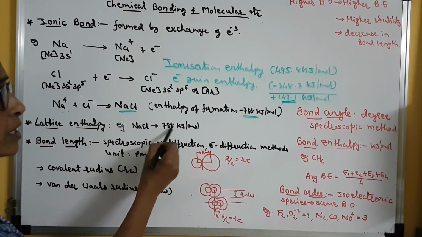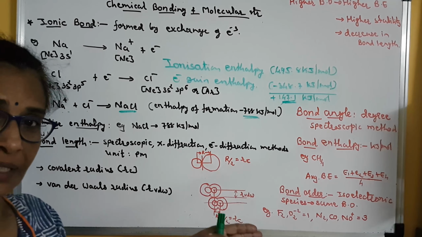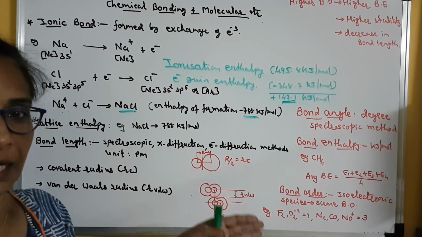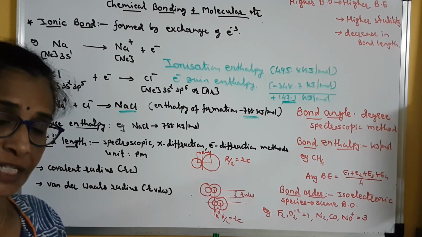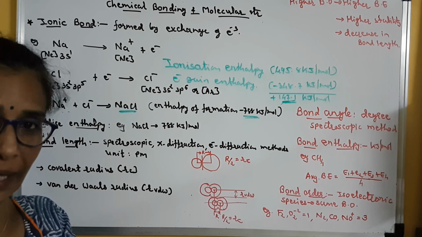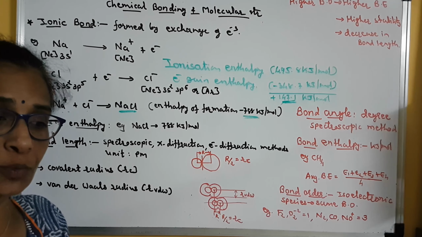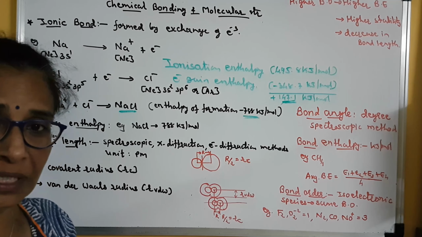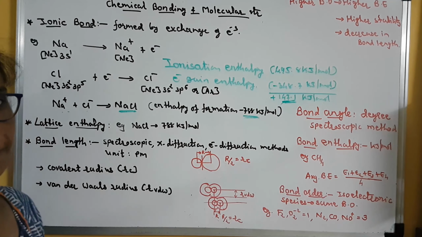Clear? This much energy is needed if I want to separate the ions from NaCl. It means that if 1 mole of ions of NaCl are to be put together, chemically attached to each other by chemical bond, then this much energy will be released. Clear?